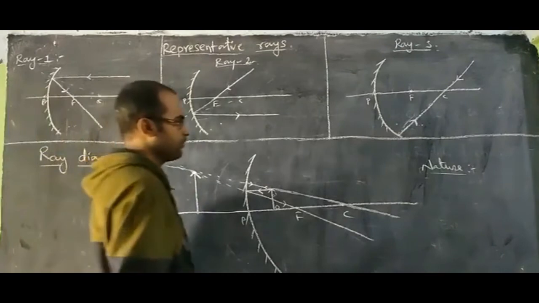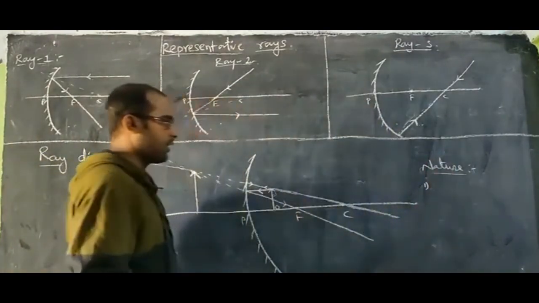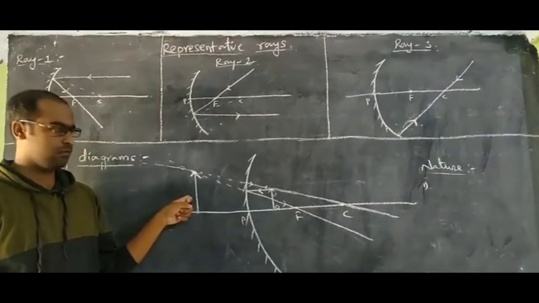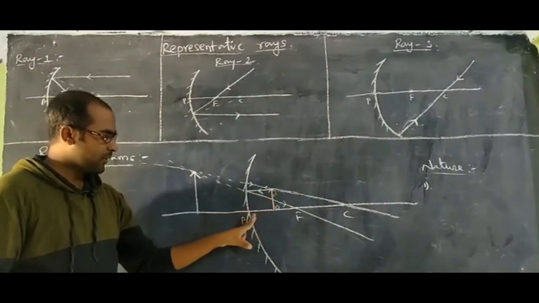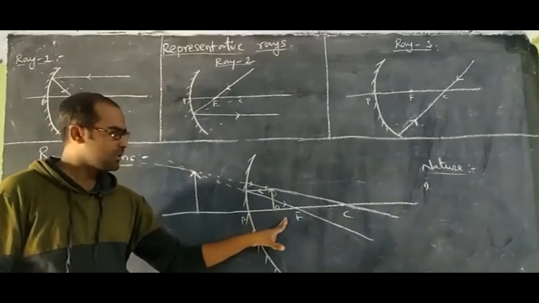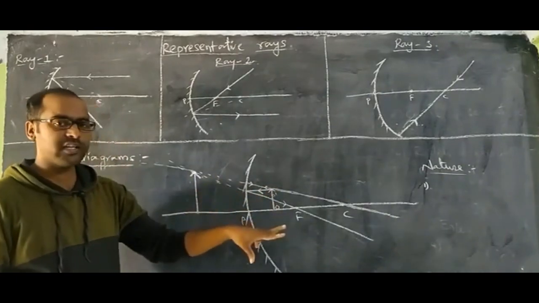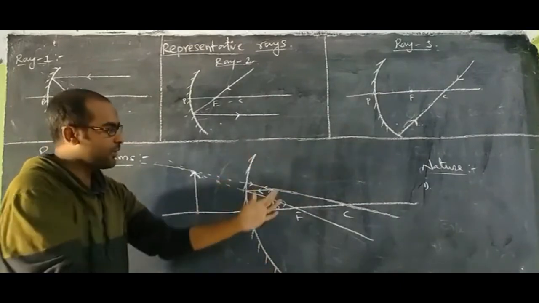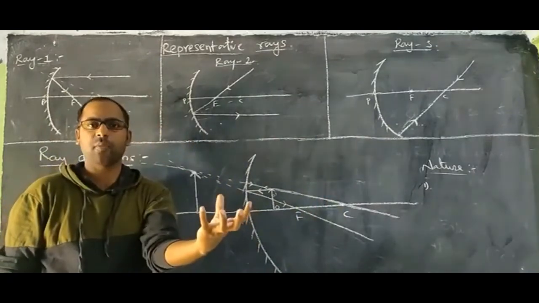Let us write the nature. First, is the image real or virtual? In this case, we have taken an object and placed it between pole and focus, and the two representative rays we have constructed have reflected rays that are diverging. So in front of the mirror there is no chance to form an image.